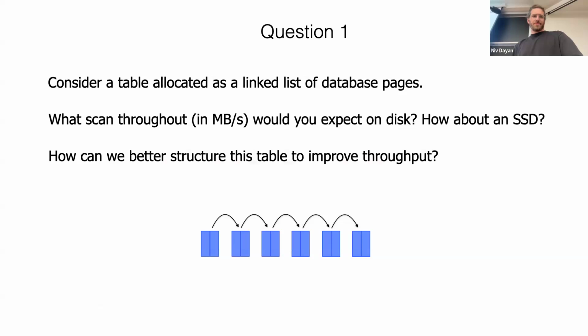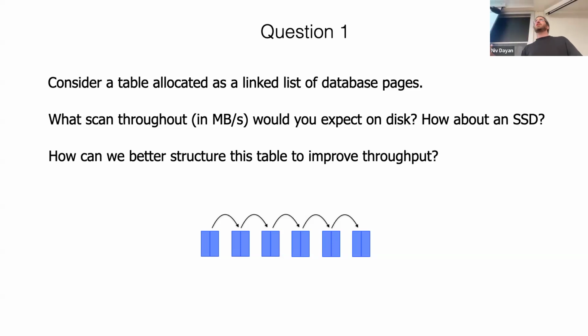Here's the first question. Consider a table that, as we saw last Wednesday, can be allocated as a linked list of pages. Suppose we're trying to scan this table. Simple question: what kind of throughput, in megabytes per second, would you expect if you're doing this on an SSD versus a disk?